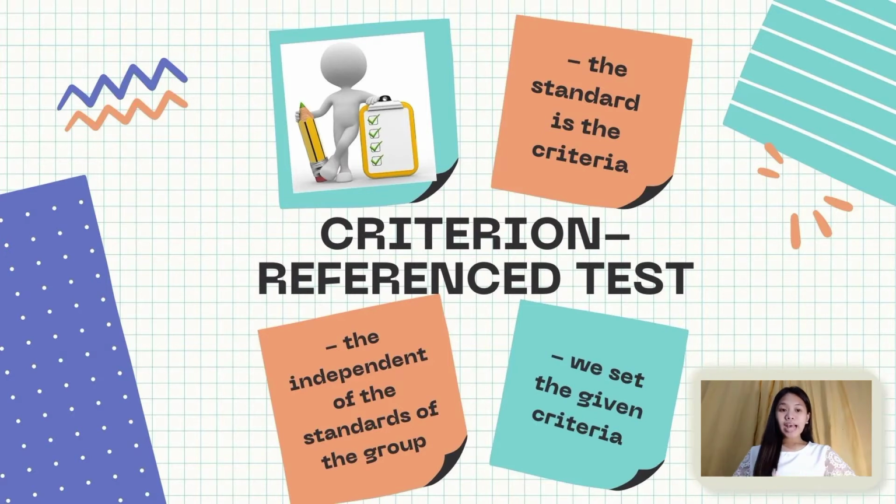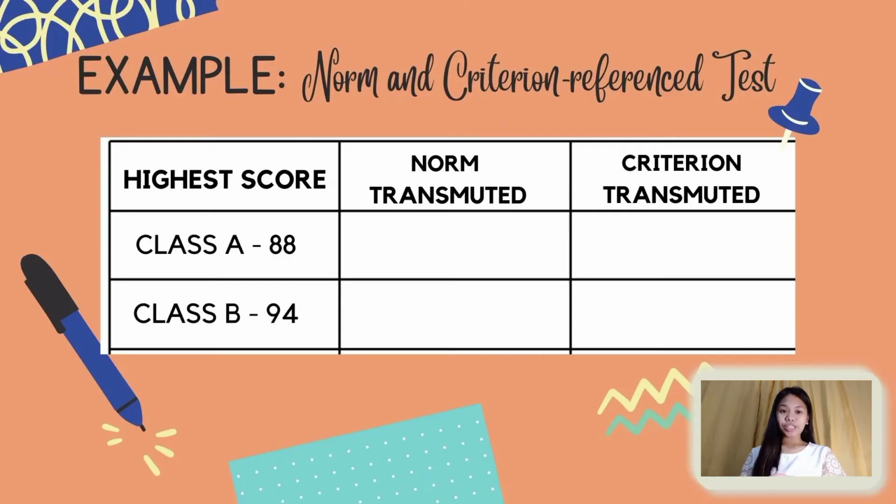So for us to get a broad overview about the norm and the criterion reference test, let's look at the illustration in my PowerPoint. So for example, in Class A and Class B. In Class A, the highest score is 88. So it's just an example, okay?